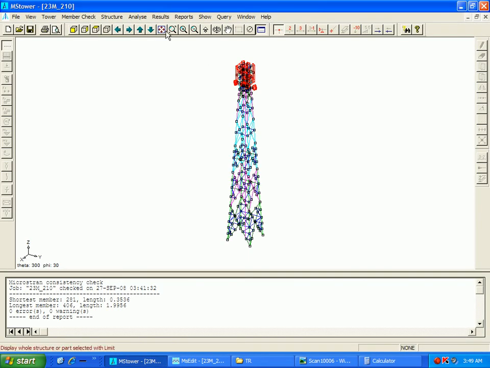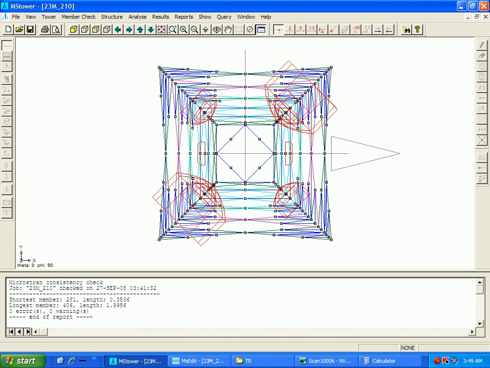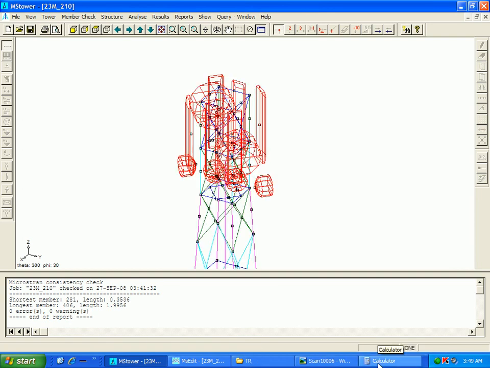In this case, you see that we have attached the dish a bit apart from the tower. That's why you have given these values.